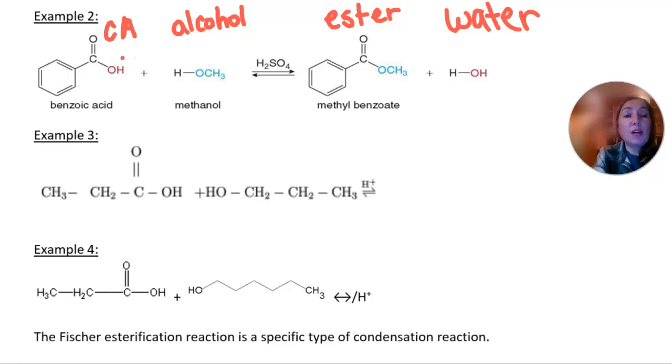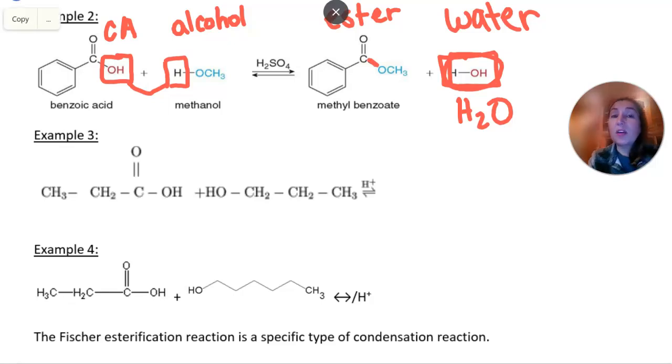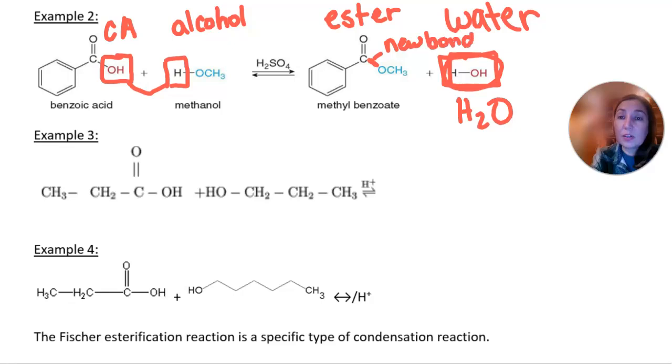It's really always the carboxylic acid's OH that gets together with the alcohol's H to make our water, to make our H2O. And then the new ester bond is the bond between the carbonyl C and the adjacent oxygen. That's our new ester linkage, or our ester bond. I'm just going to label it new bond because I think that is sufficient.